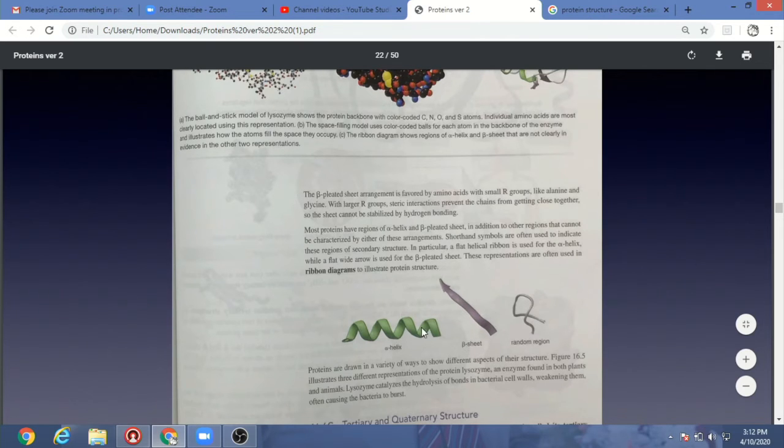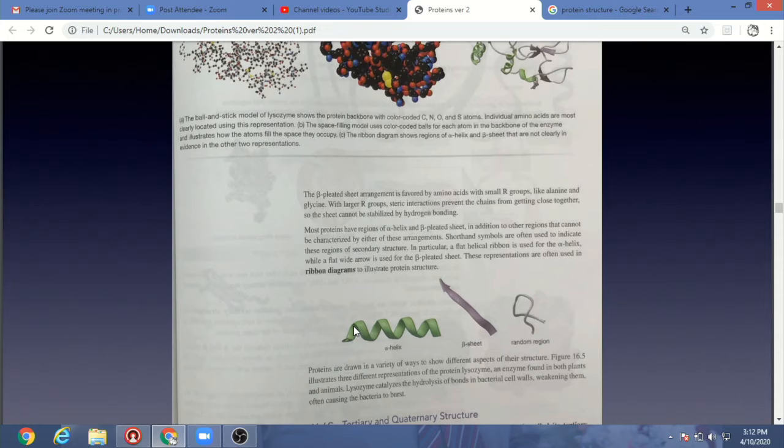Again, this little ribbon, I'm reading this right here: a flat helical ribbon is used for the alpha helix, while a flat wide arrow like this is used for the beta pleated sheet.